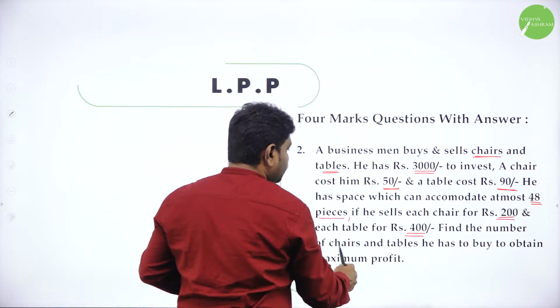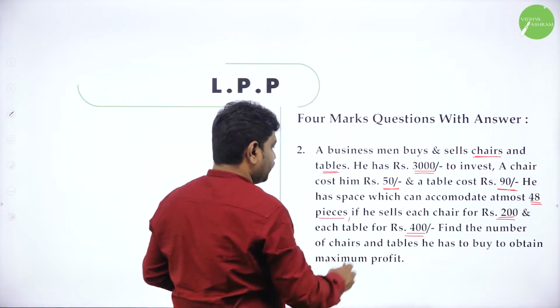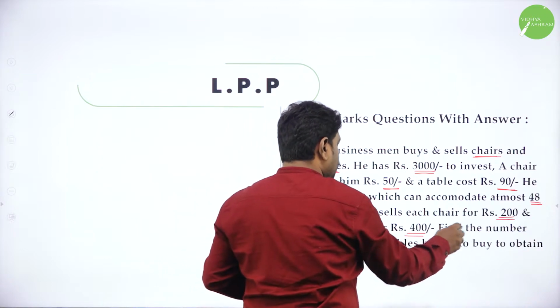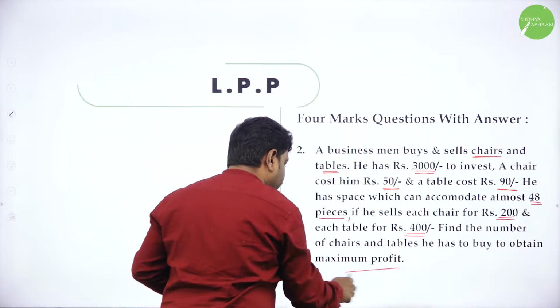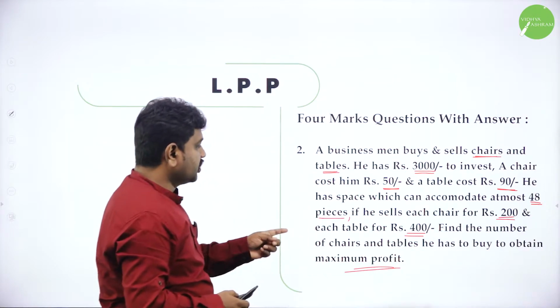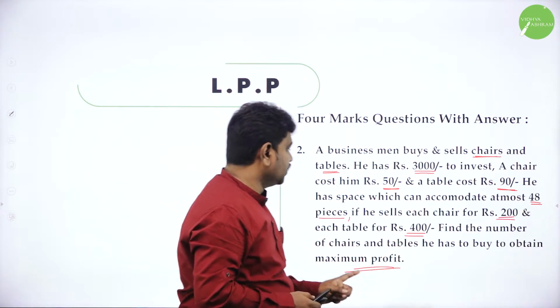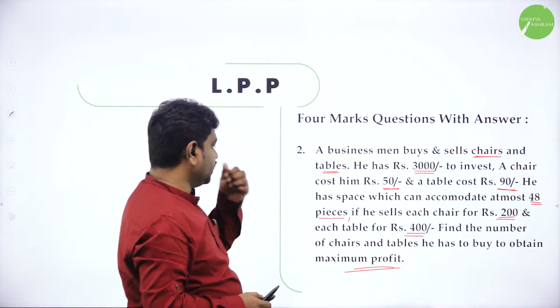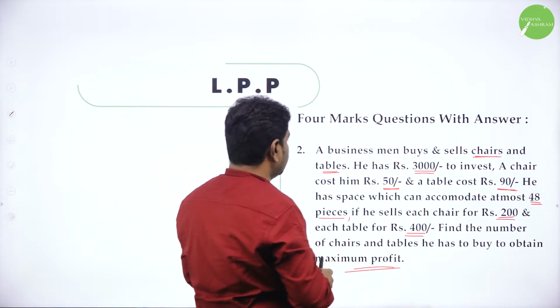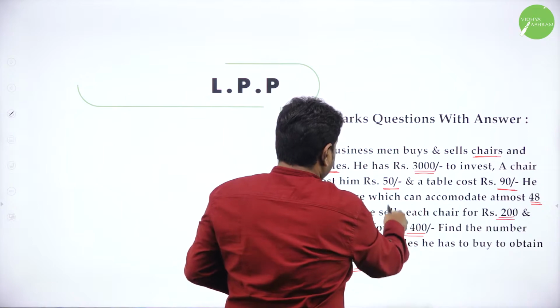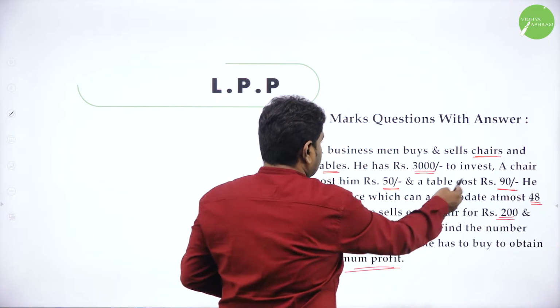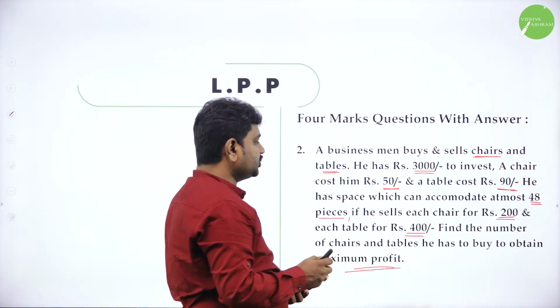So how many minimum? See, there are 2 cases here. Find the number of chairs and tables he has to buy to get maximum profit. So if he wants maximum profit, they want you to find the number of chairs and tables. They gave the selling price and the cost price.